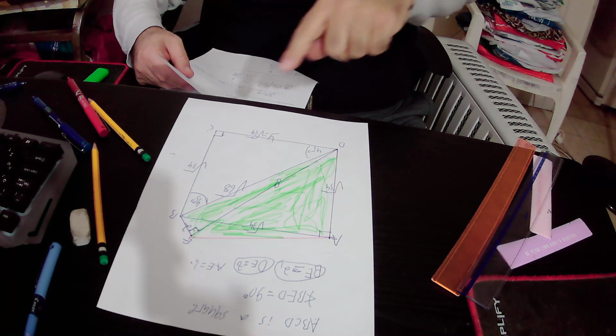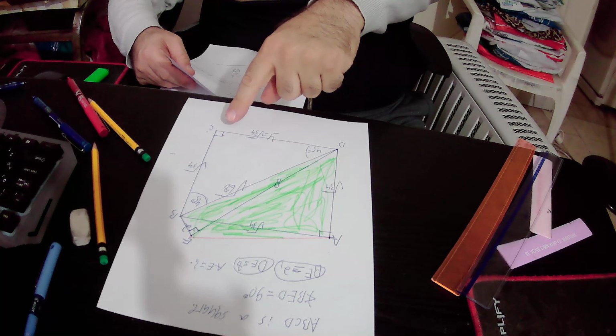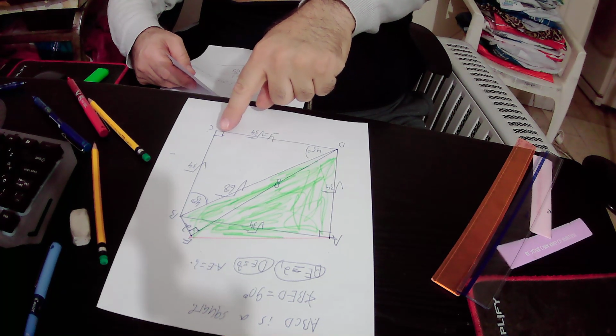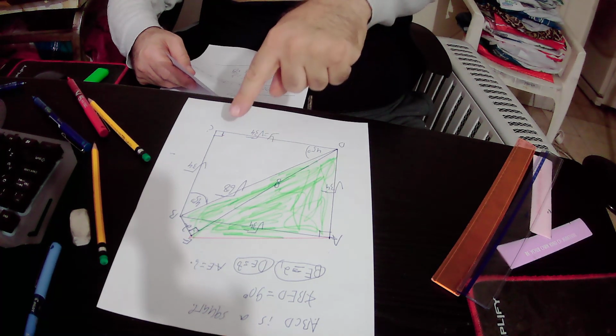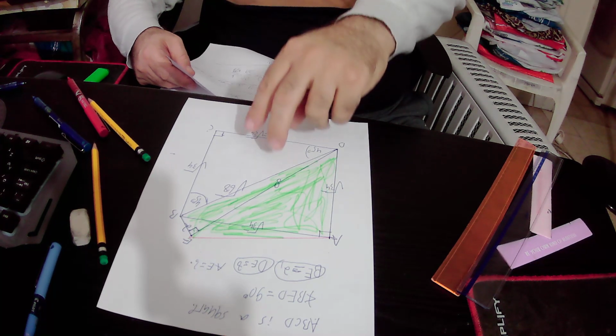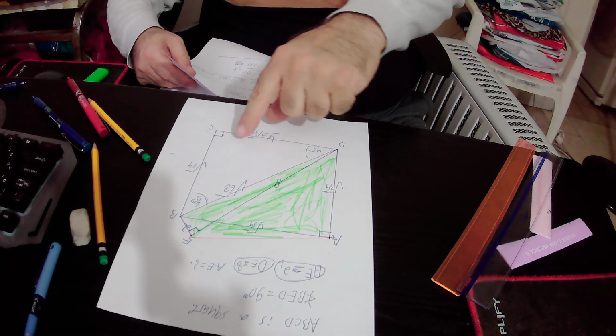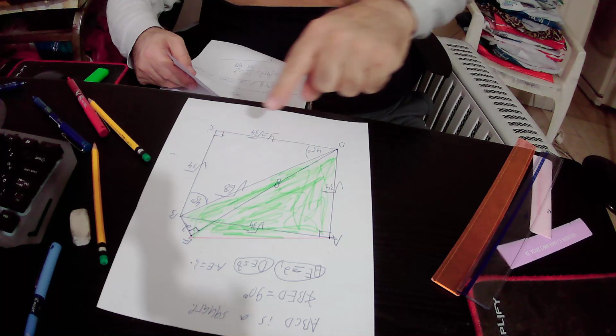And we know that all the angles inside the square are right angles, so this angle BCD is a right angle, so triangle BCD is a right triangle because it has one angle that equals 90 degrees.